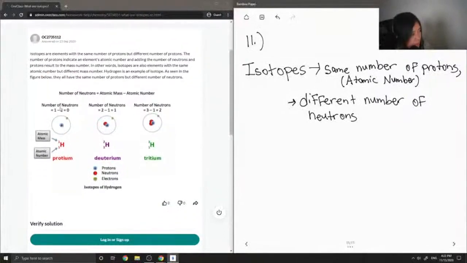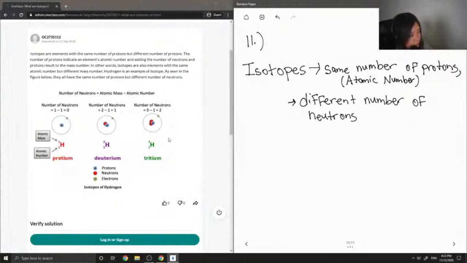So here is protium. There is no neutron in protium. There is only the 1 electron and the 1 proton. In deuterium, there is 1 neutron shown, the 1 electron and the 1 proton, and you can see that it is heavier than protium.